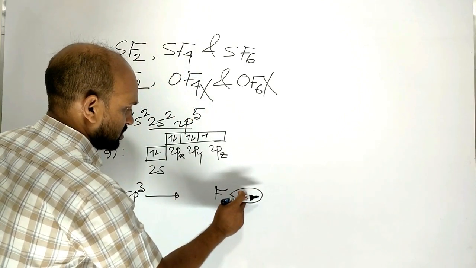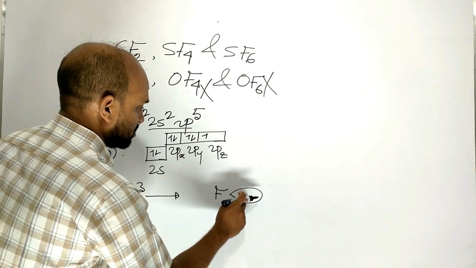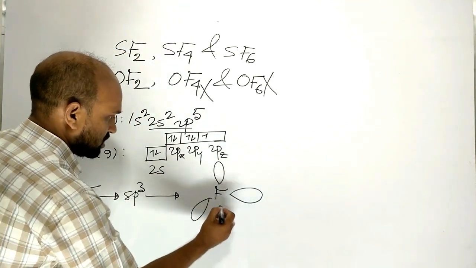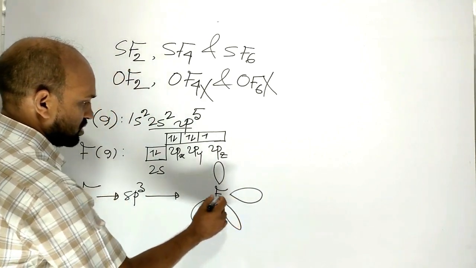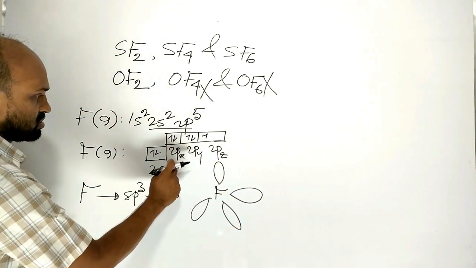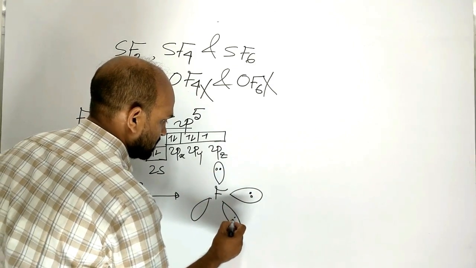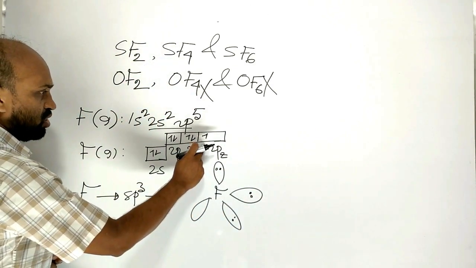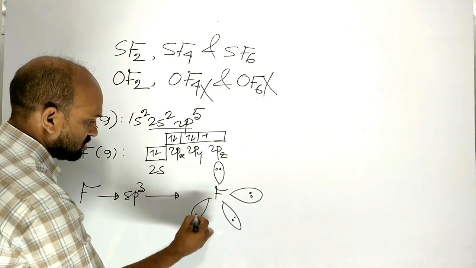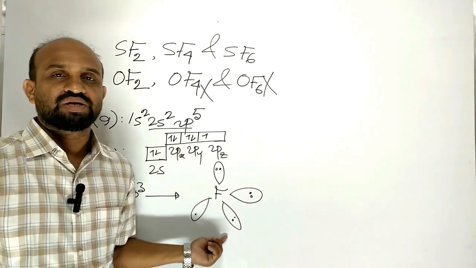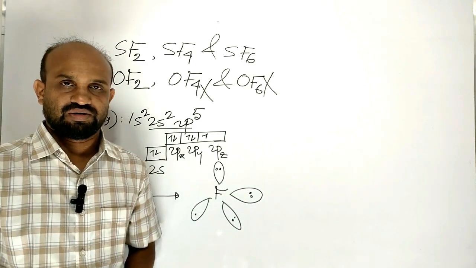This is one sp3 hybrid orbital, another one, another one, another one. 3 orbitals contain 1 electron pair each, and 1 hybrid orbital contains an unpaired electron. This is the orbital structure of fluorine.